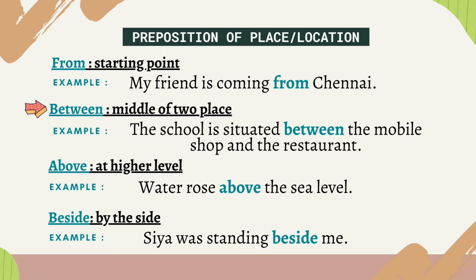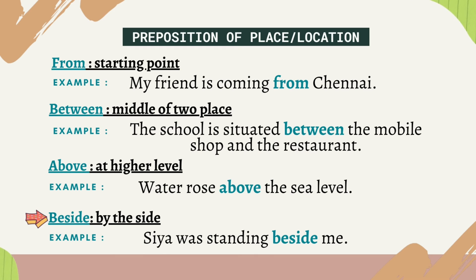The example says, the school is situated between the mobile shop and the restaurant. That means between these two places. Next comes above. Above shows at a higher level. The example says, water rose above the sea level. That means higher than sea level.